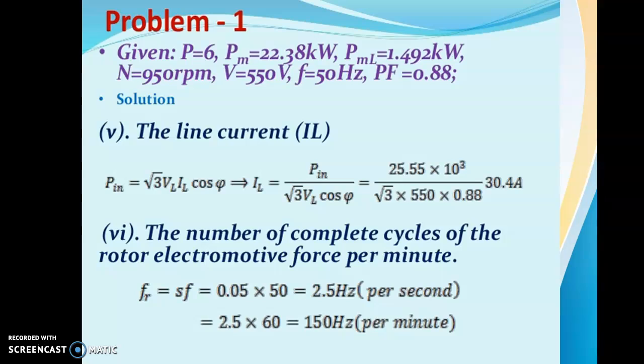That is nothing but the operating frequency of the rotor, which can be written as Fr or as F dash, and its formula is S into F. And one more thing, always remember P input in a three-phase machine: if the voltage and current values are phase values, then the formula will be P input equals 3 VPH IPH cos phi, and if they are line values, then the formula becomes root 3 VL IL cos phi.